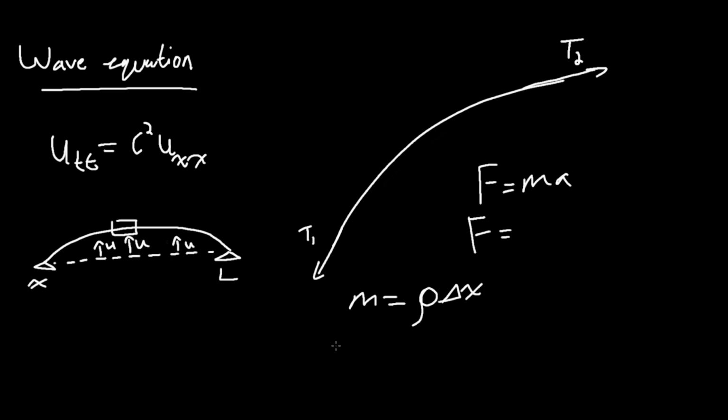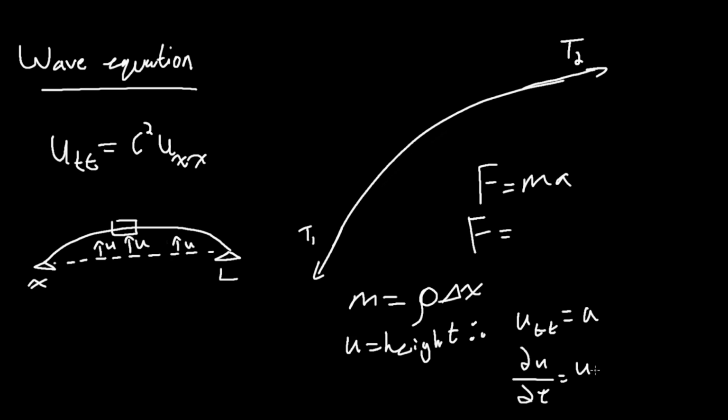What's our acceleration? Well, our acceleration is with respect to position, so u is equal to height. Let's remember that: u is height. Therefore, if I take the derivative of u with respect to t, that would give me u_t.